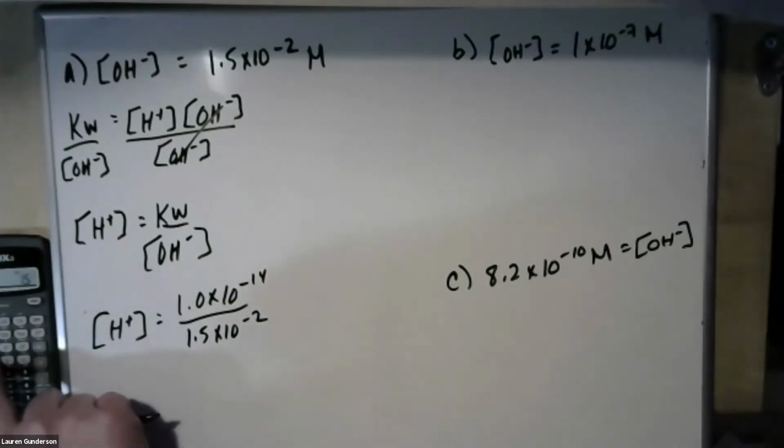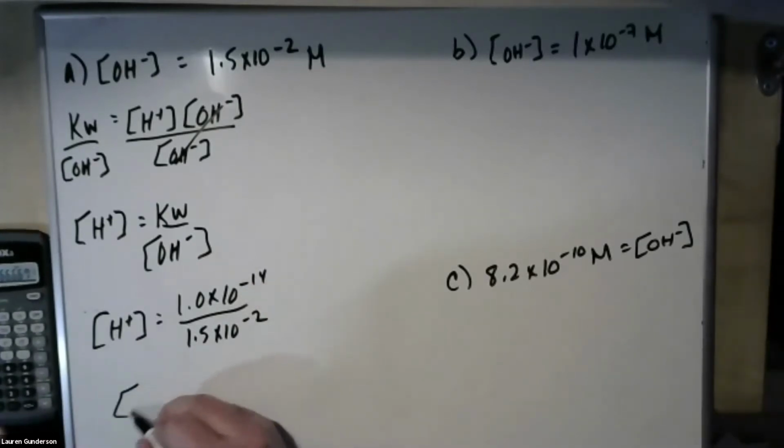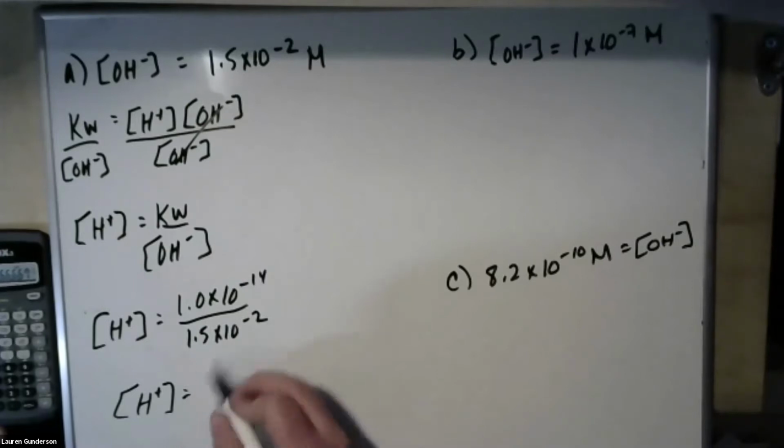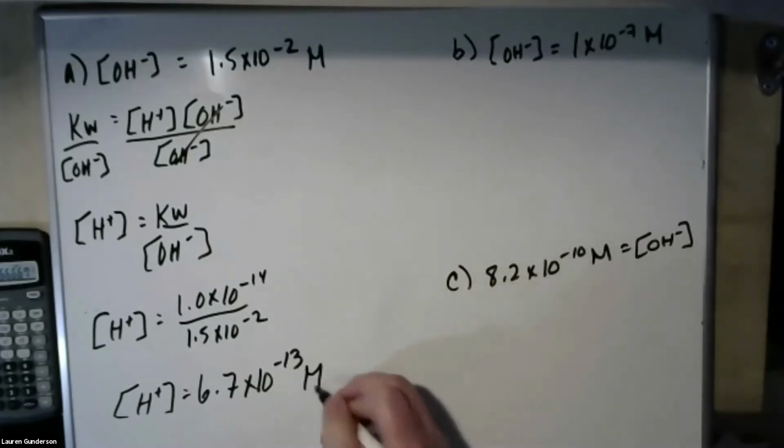So our hydrogen ion concentration here is going to be 6.7 times 10 to the negative 13.